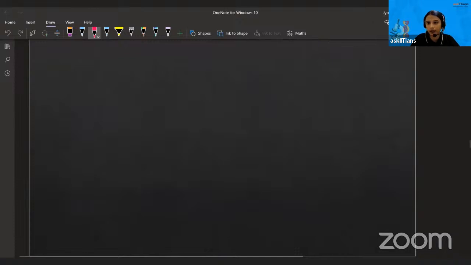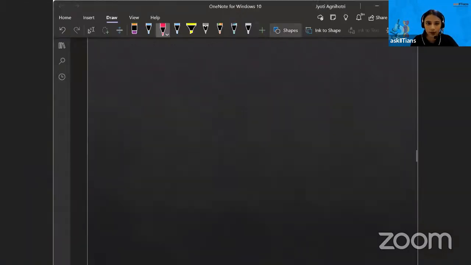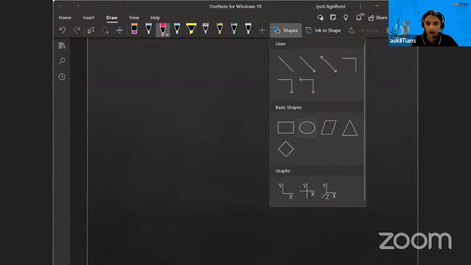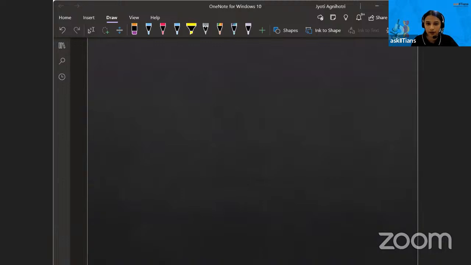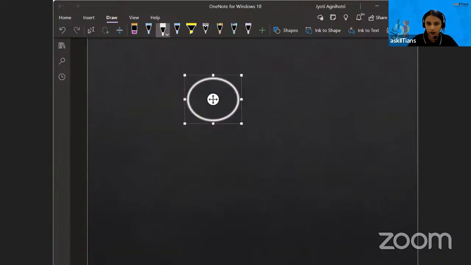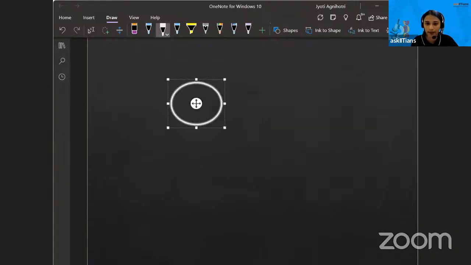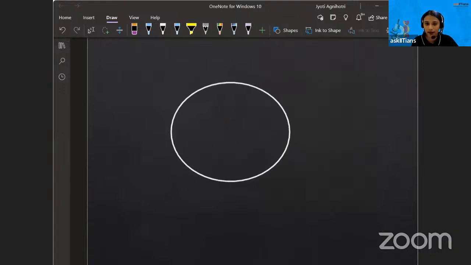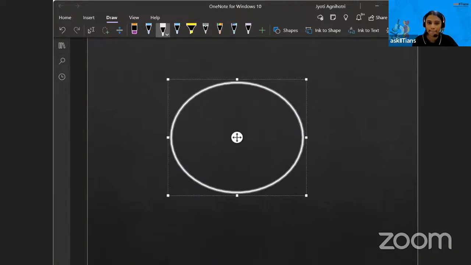So suppose I'm taking a shape. So this is our cell.